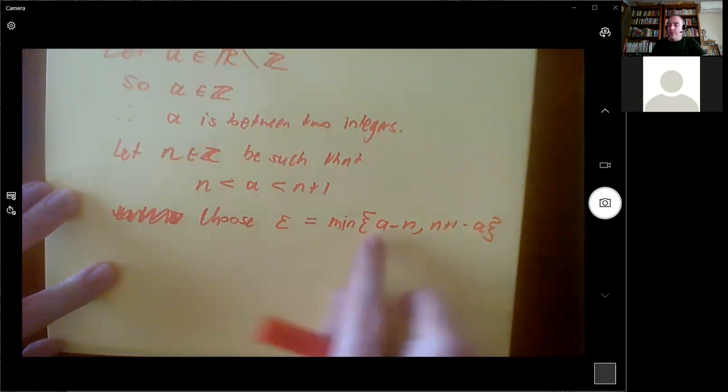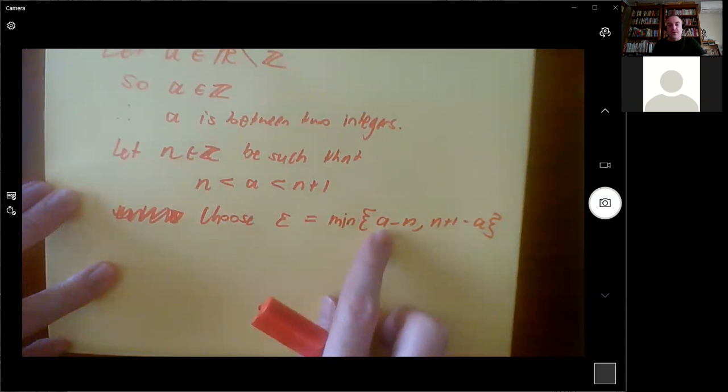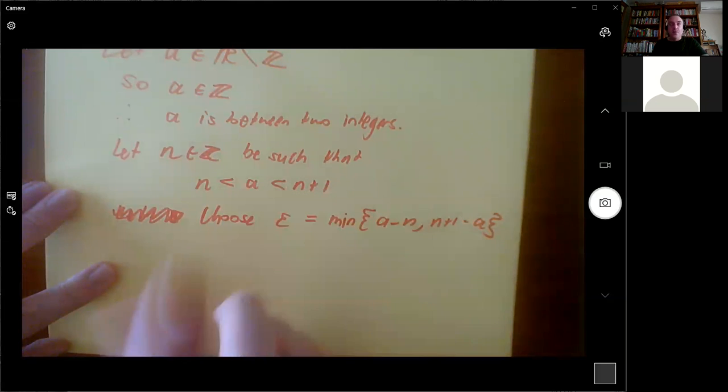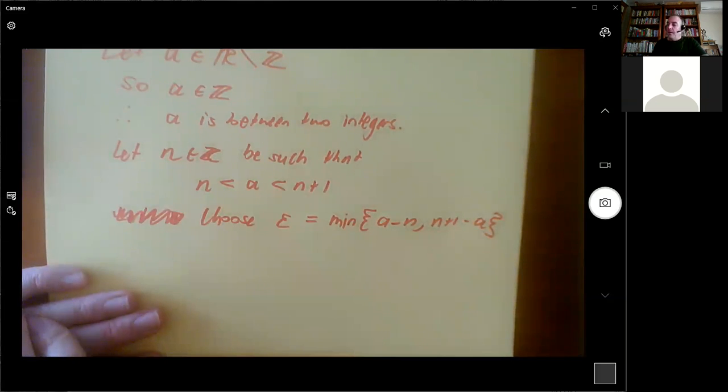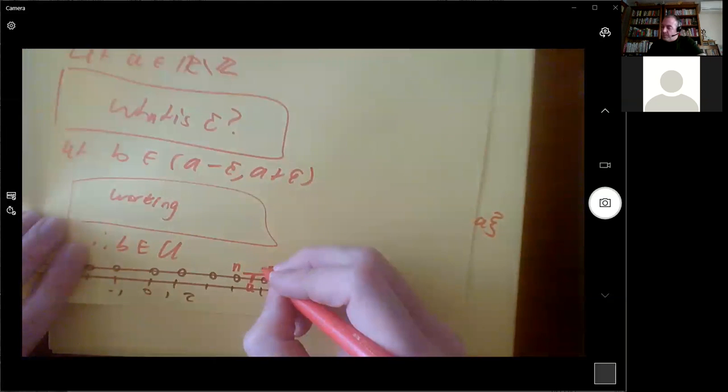And A minus n is good because n is less than A. That's a nice positive number. And n plus 1 minus A is positive too. So that's good. So epsilon is positive. And so that's now this distance here, this epsilon here.